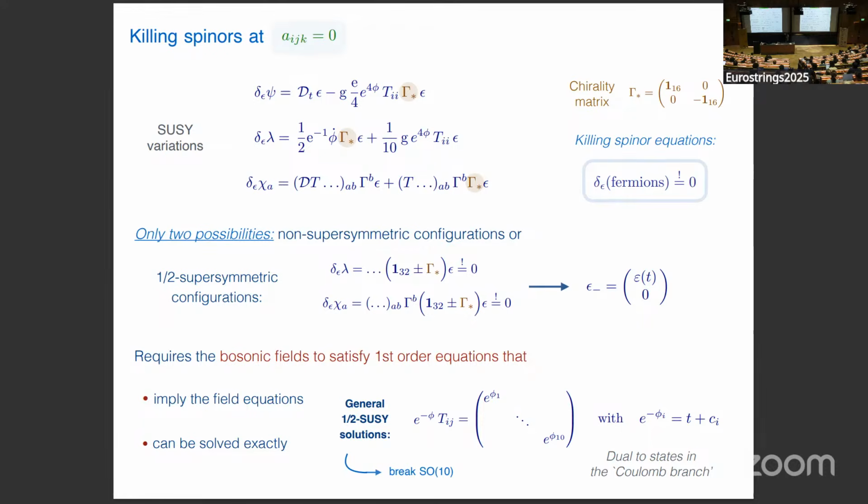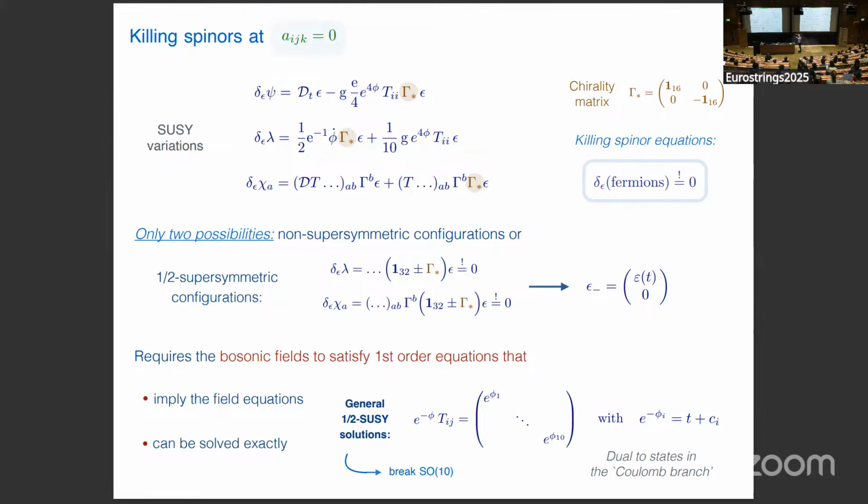Because in all these variations, one term carries the chirality matrix and the other one doesn't. What you can see very quickly here is that essentially you have only two possibilities. You can either have non-supersymmetric configurations or you can have half supersymmetric configurations. And in order to have these half supersymmetric configurations, the only possibility is that these variations have to recombine such that you get projectors on this supersymmetry parameter, and such that you're actually able to find a Killing spinor with only half of the components.